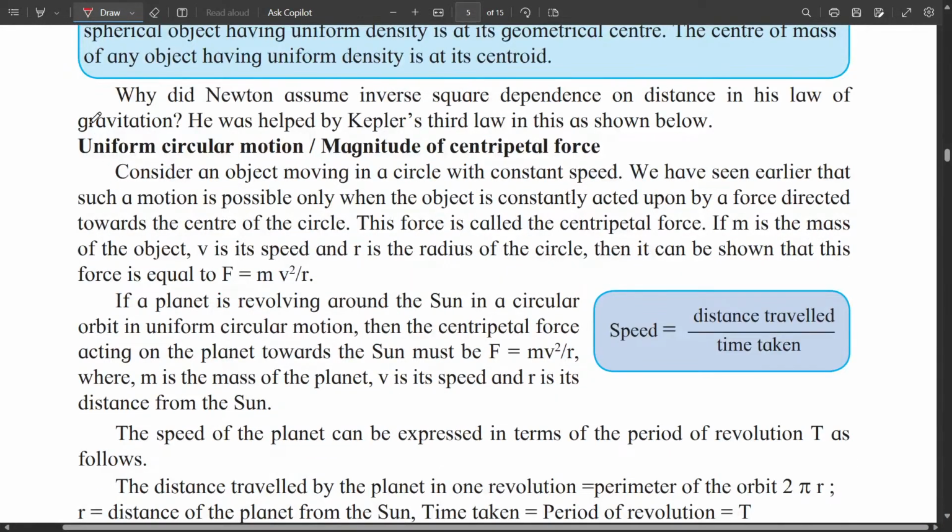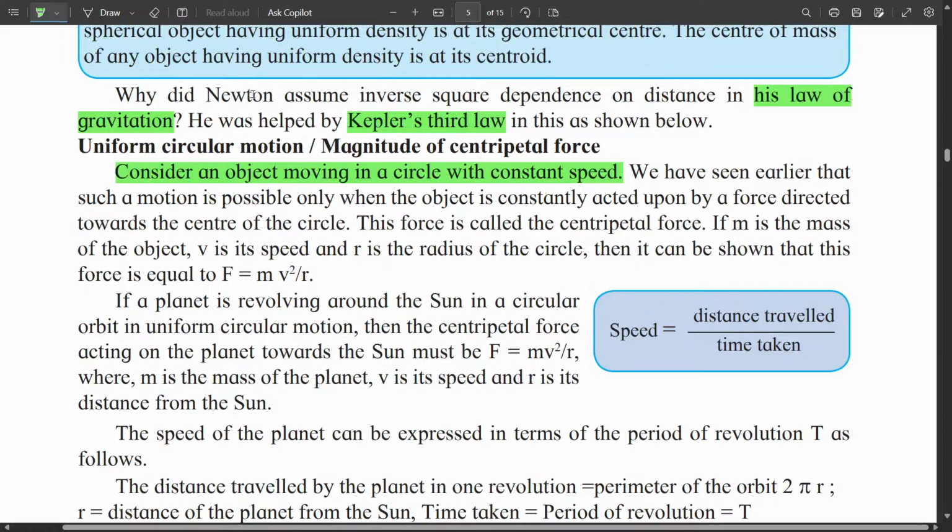Now let us understand how Newton used Kepler's third law to formulate his law of gravitation. For that, we have to consider the uniform circular motion of a planet around the sun. So we approximate the elliptical motion into circular motion, and we say that an object is moving in a circle with a constant speed.